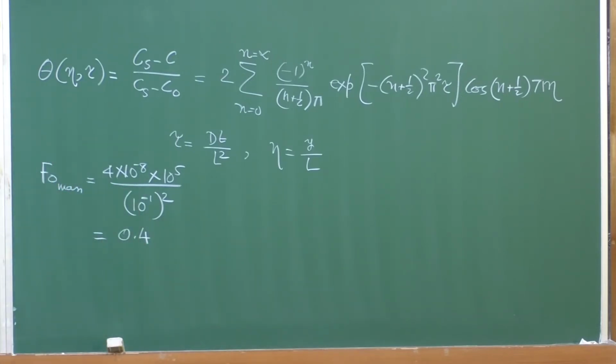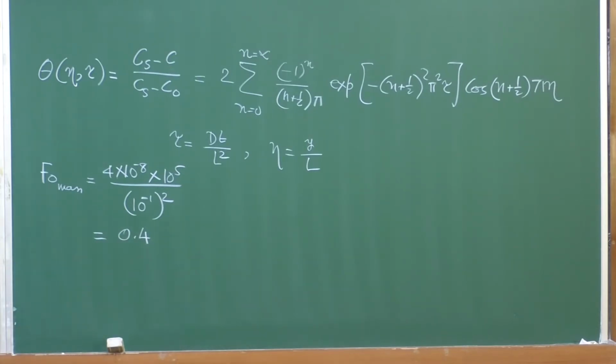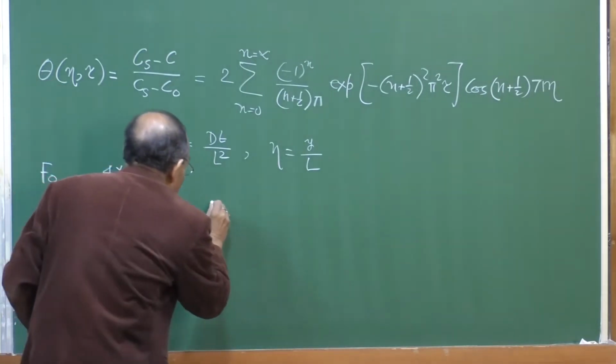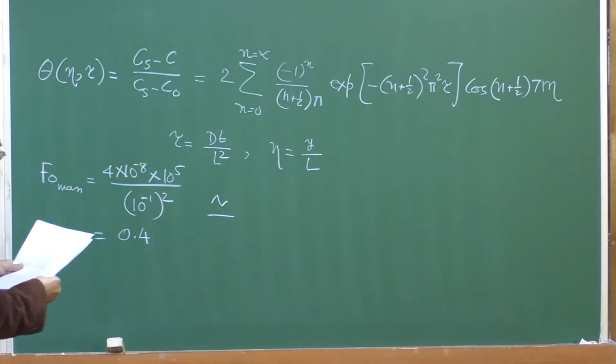If you recall my lecture on heat transfer, when the Fourier number, mass or heat, is greater than 0.2, the large time solution applies, which essentially means that only the first term of the infinite series is meaningful.